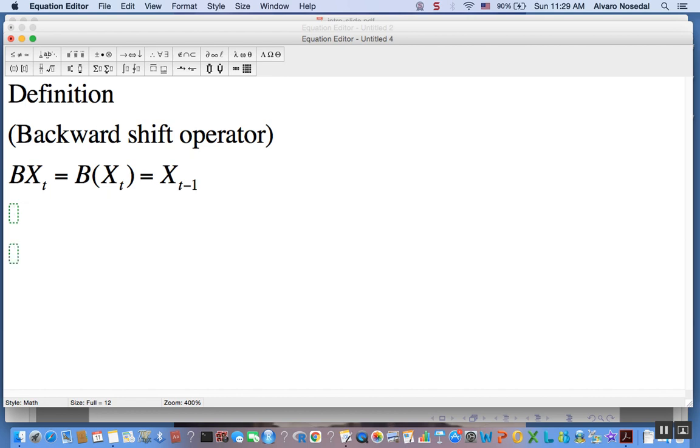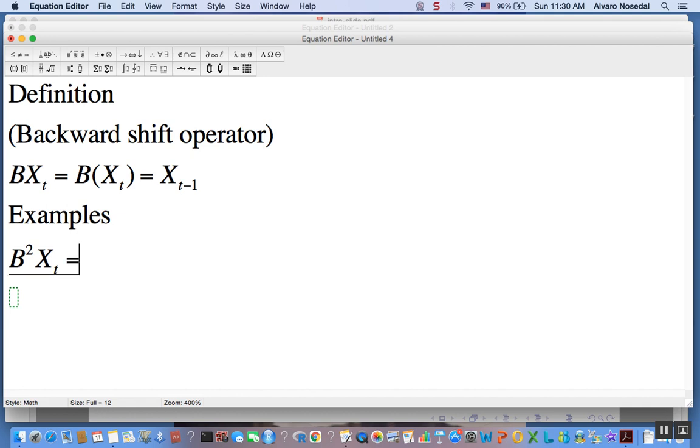Now, examples. Let's talk about a few examples. It turns out that you could apply the backward shift operator multiple times. For instance, we could write B squared xt.